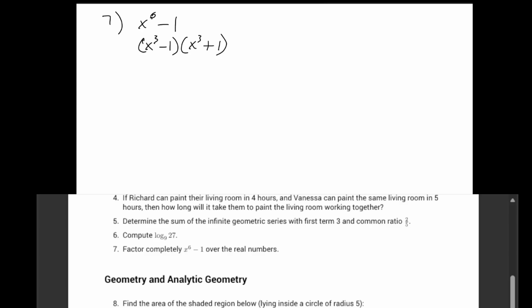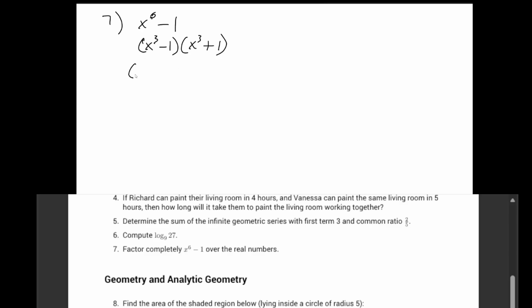And then we can further simplify this. This is actually a really nice problem. Good job, AOPS. By the way, I've not tried these problems yet, so I'm trying it with you guys. That's why I'm thinking through this with you guys. x cubed minus 1, x cubed plus 1. This is our difference of two cubes and sum of two cubes formula. So then, again, this is all just knowing your formulas.